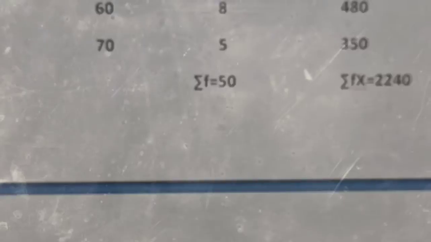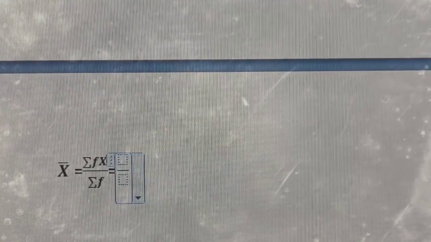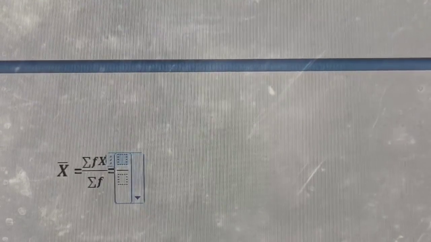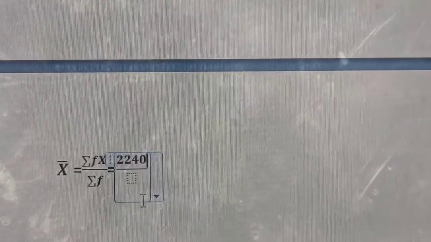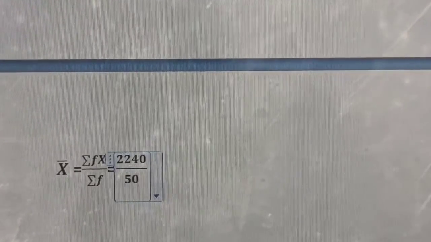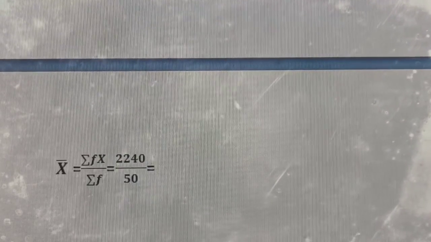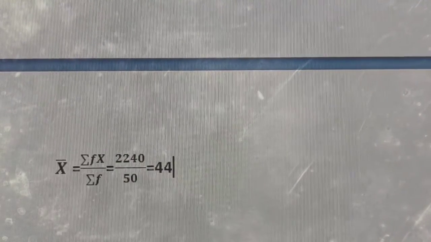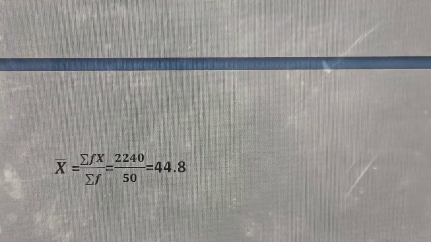Summation Fx is 2240 and summation F is 50. So 2240 by 50 equals how much? We get 44.8.